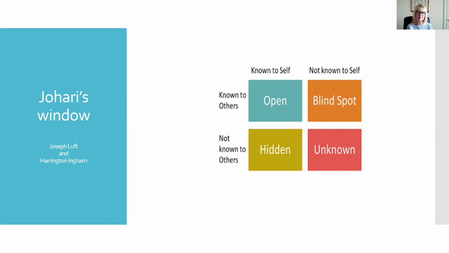What is it that makes me be less open with people? What encourages me to be open? And what actions might I take to grow that open window so that I do feel comfortable? Remembering as well that with the blind spot, it's really great to ask people for feedback so you can minimize your blind spots.